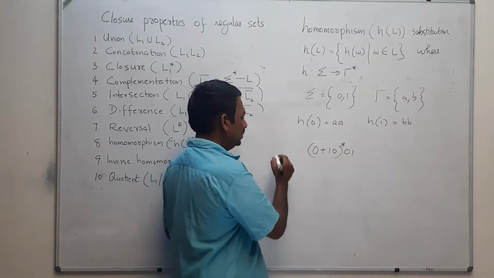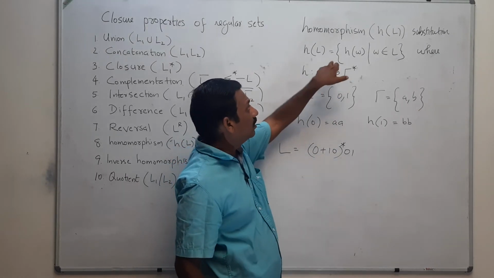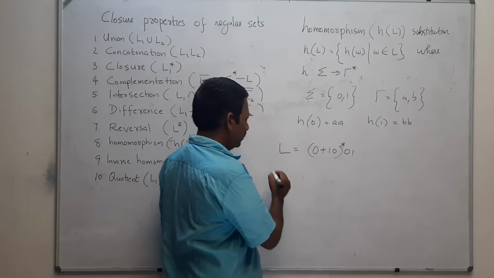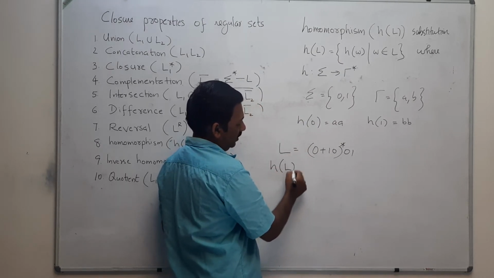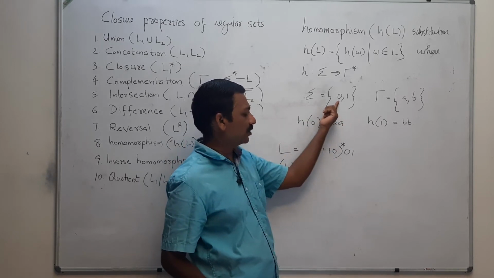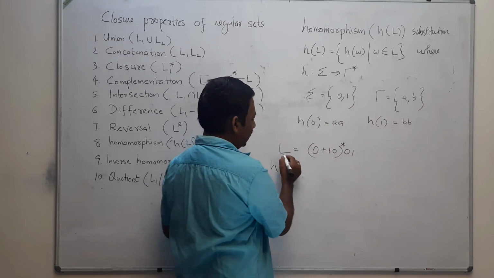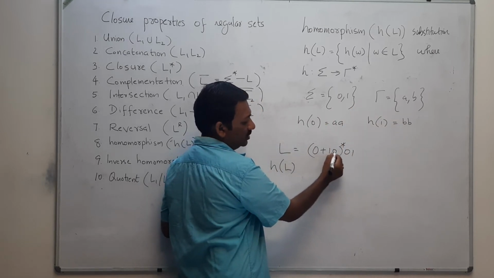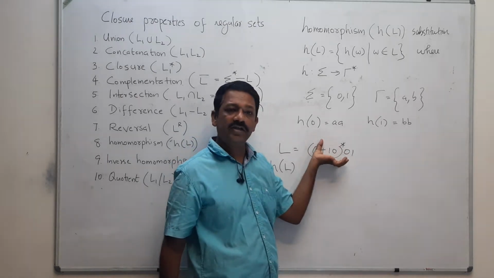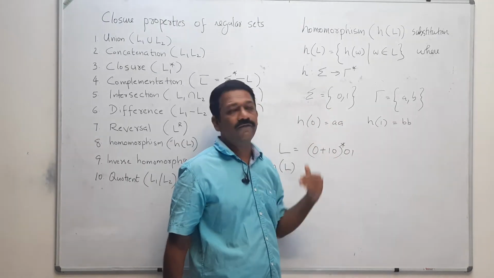This is the language accepted, L. And what is H of L? You are going to substitute AA for 0 and BB for 1. L is equal to 0 or 1 0 star 0 1, and it is regular. Why? Because it is represented by a regular expression, and definitely this represents a finite automaton.